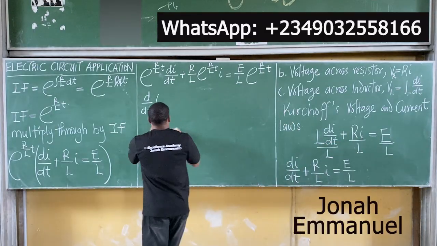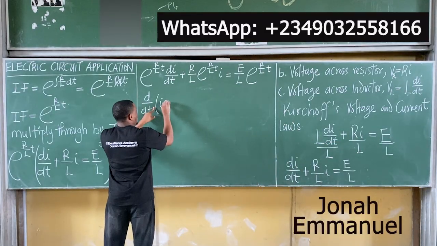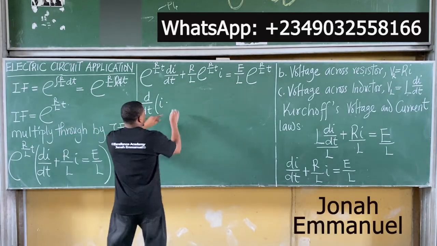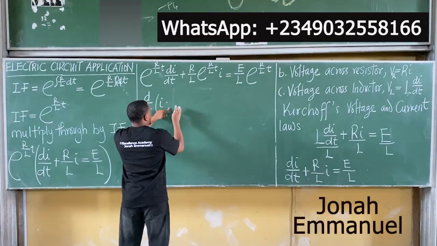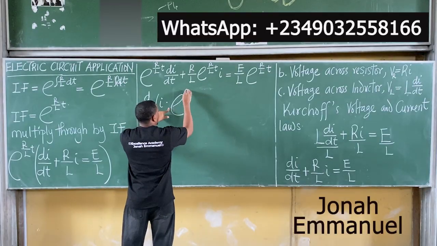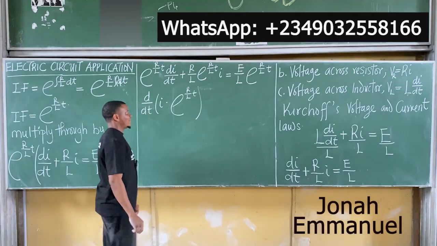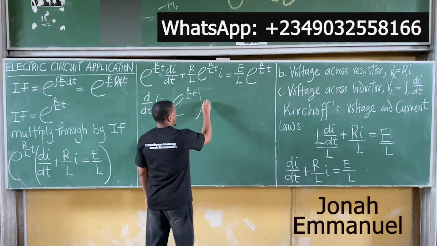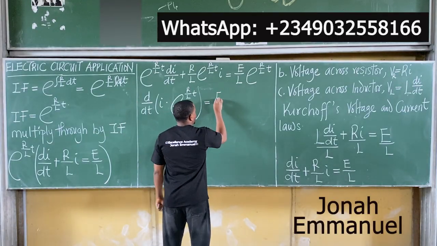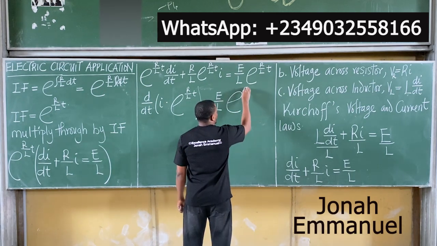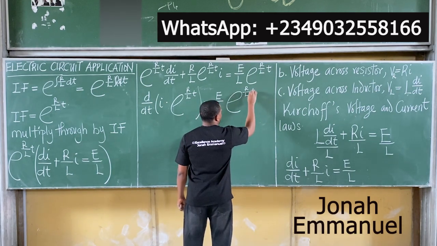I times what there? The integrating factor. What's the integrating factor there? R exponential, please. Exponential R over L t. You have this. It's equal to your answer, E all over L exponential R over L t.